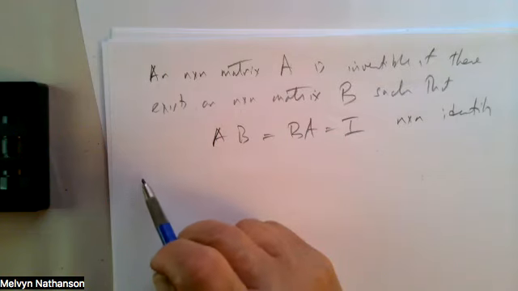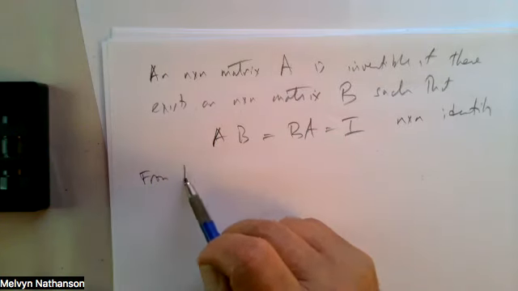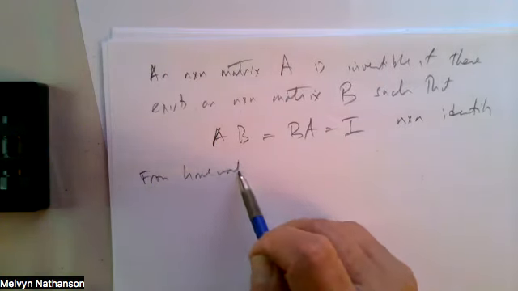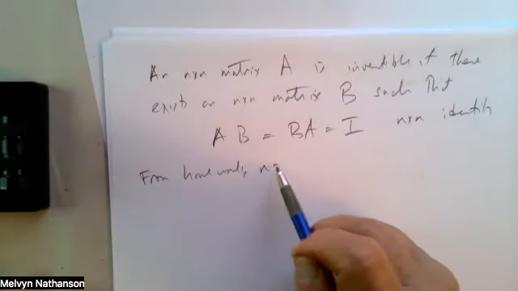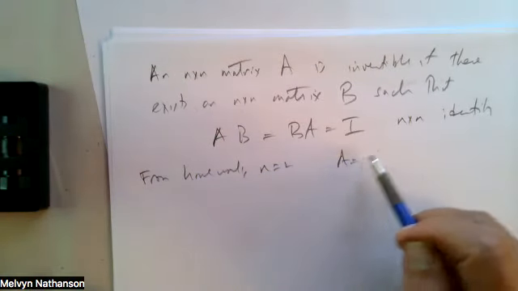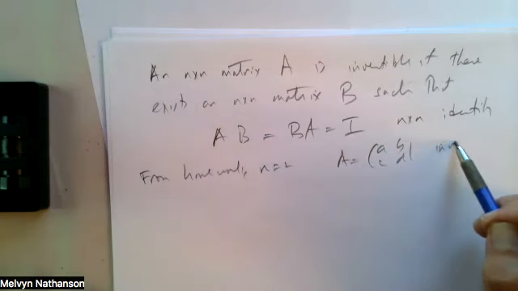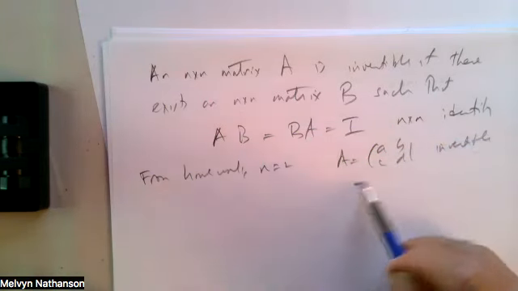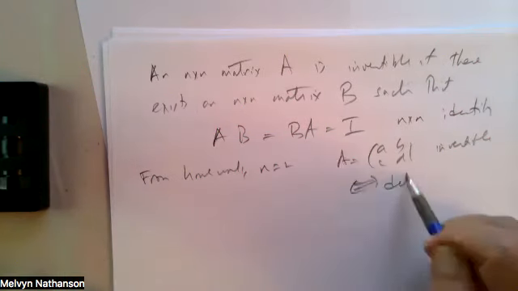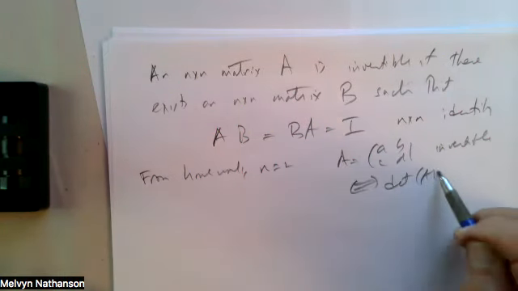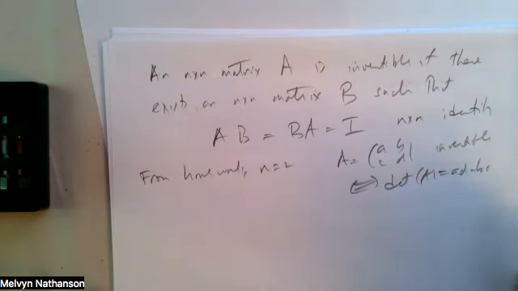So we already saw from homework, if n is equal to 2, and we look at the 2 by 2 matrix A, B, C, D, we saw that this is invertible if and only if a certain number called the determinant of A, equal to AD minus BC, is not equal to 0.